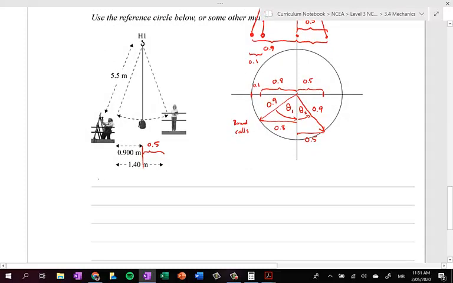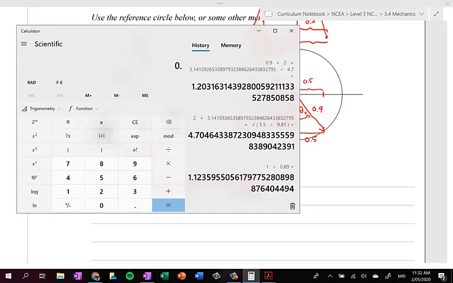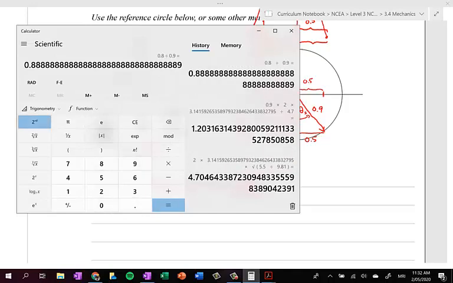So from the diagram, θ1 is equal to, well, that's the opposite and the hypotenuse, so it's going to be the inverse sine of 0.8 over 0.9. Let's figure out what that is first, and then we'll take the inverse sine of that.